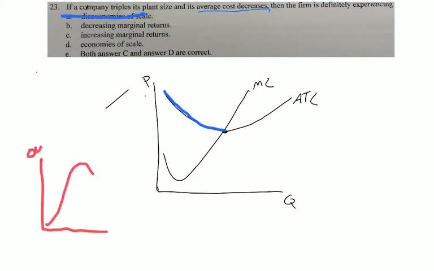So we have output and labor. And notice that in this part of the graph, early on we have increasing returns to scale, then we have decreasing returns to scale, and then eventually we have negative returns to scale. And our marginal cost curve is just the mirror image of it.